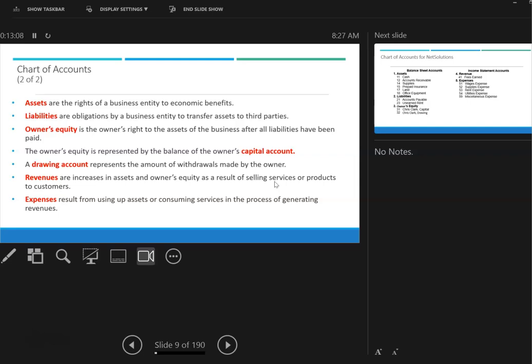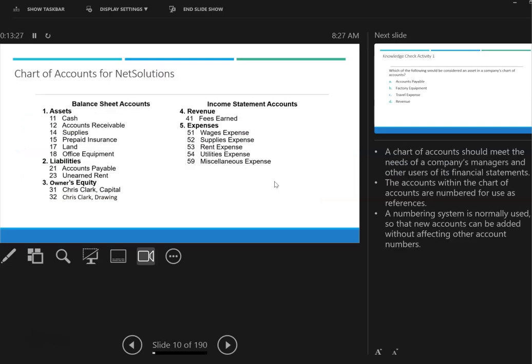And expenses result from either using up assets or consuming services in the process of generating revenues. Revenues ultimately increase owner's equity, and expenses decrease owner's equity.